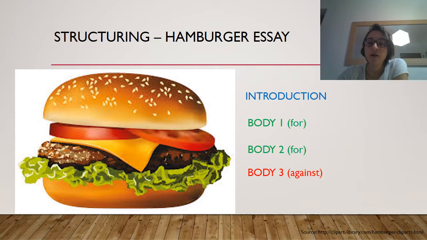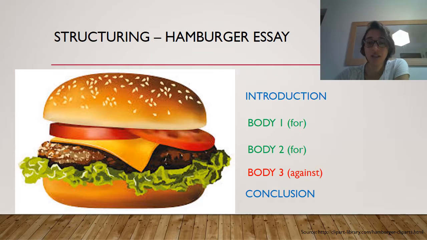So the first paragraph of the body, you will talk about the first argument for your point of view. Then you move on to the second paragraph, where you will bring another argument for your point of view, and then finally a counter argument, which will be 1 point against your point of view.